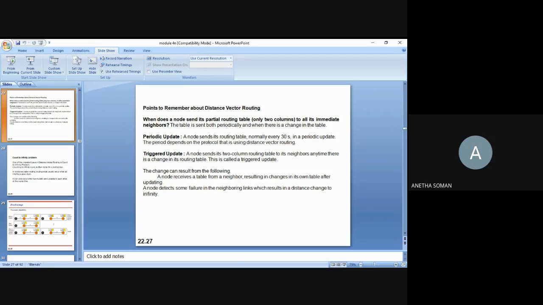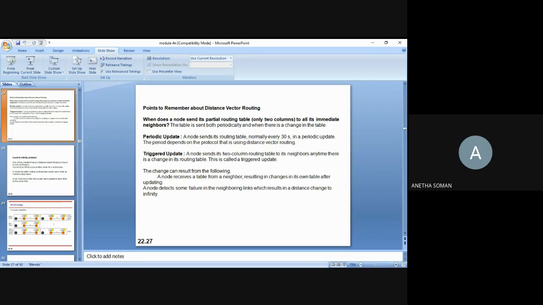Now what is this periodic update? Periodic update means every node will send its routing table every 30 seconds to its neighbors. That means it is based upon the protocol. I have told you, you have many routing protocols like RIP, OSPF, etc. So based on these protocols, each node will send its routing table to its neighbors every 30 seconds.